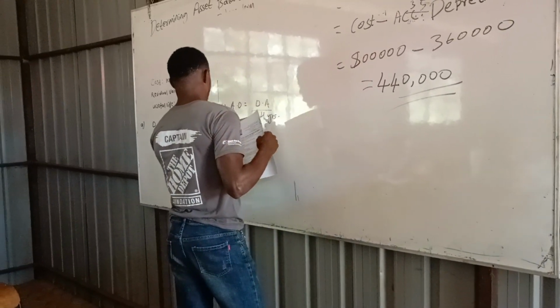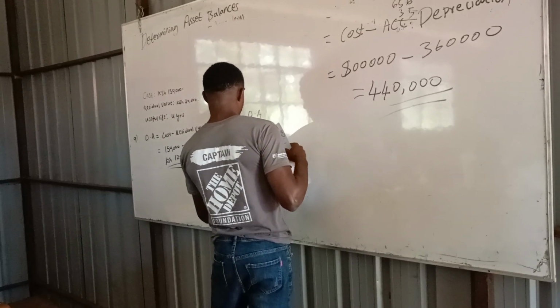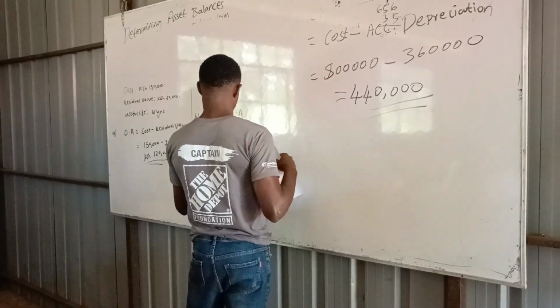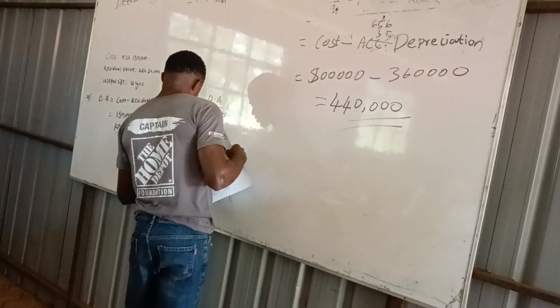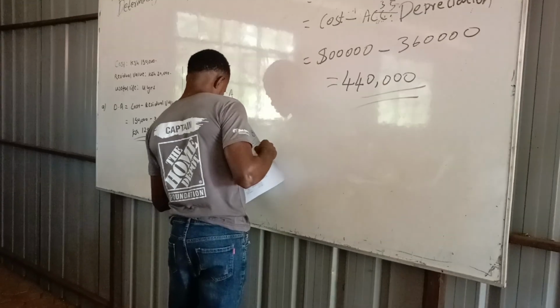So in place of the depreciable amount we put 40,000 divided by 4 years. You get Kenya shillings 10,000.